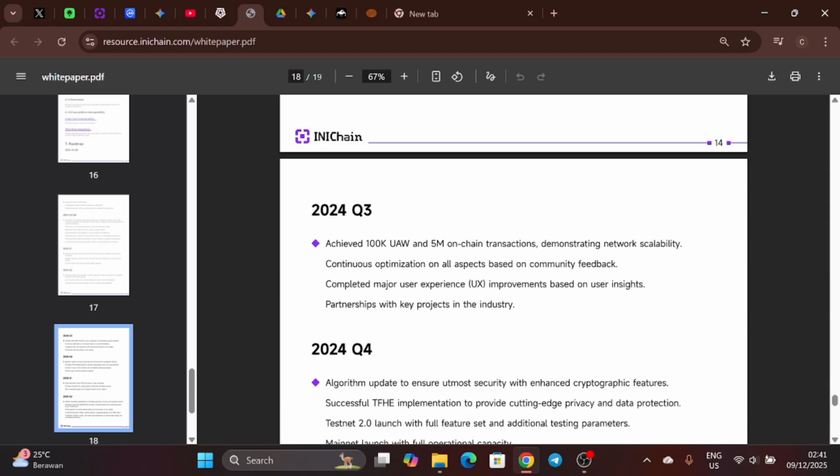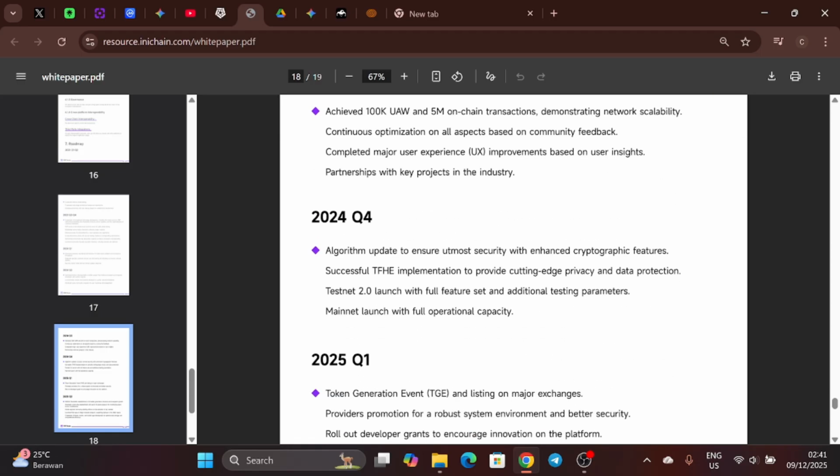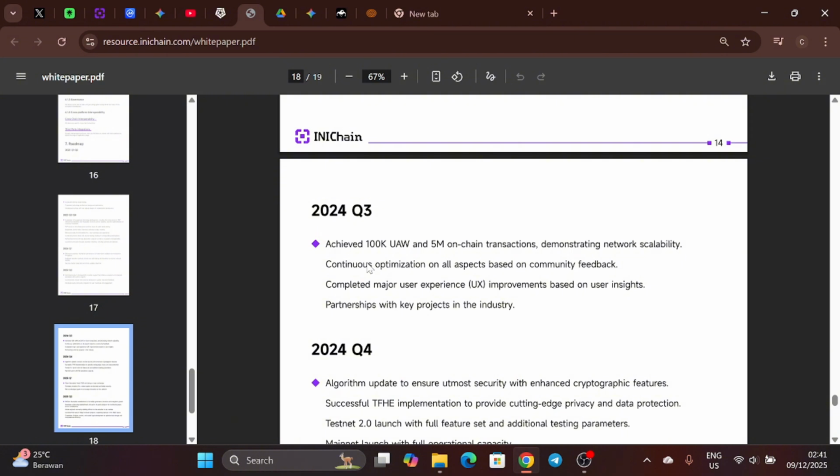Okay, and here it is. Q3 2024: achieve 1K UAW from 1 million transactions, demonstrating network scalability, with continuous optimization of all aspects based on community feedback. Complete major UX improvements based on user insight, and partnerships with key projects in the industry.